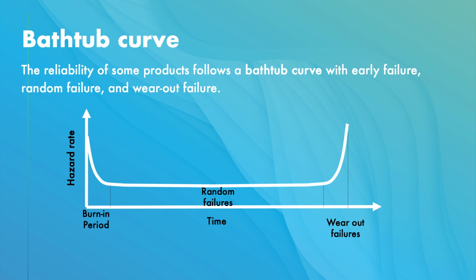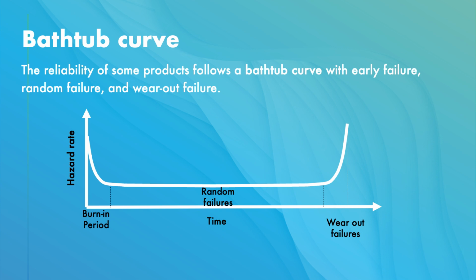So in the beginning, a lot of equipment will fail due to infant mortality or manufacturing defects, and then we have a period of random failures, and in the end the risk is increasing, so more and more of the surviving equipment will fail due to wear-out failures. So the reliability of most products follows this bathtub curve.